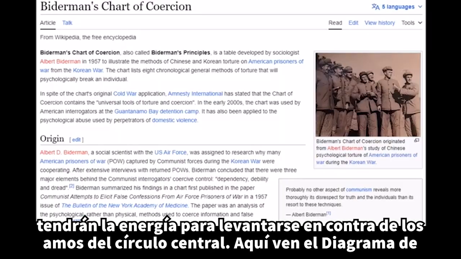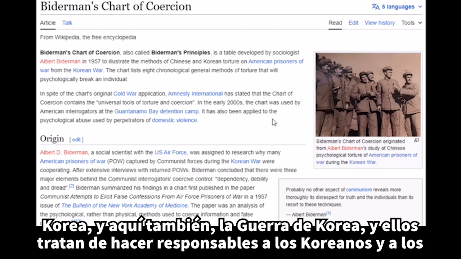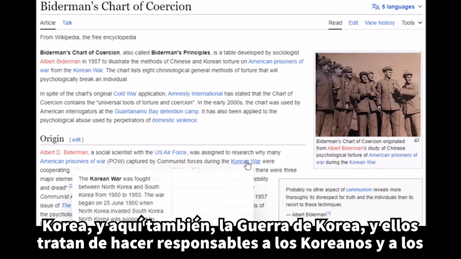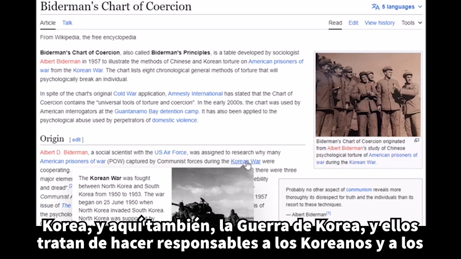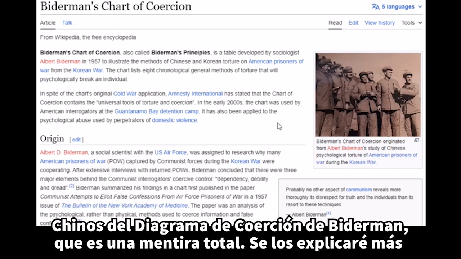So here you see Biderman's chart of coercion in Wikipedia, the free encyclopedia. Here you see there are American prisoners in Korea, and the Korean War, and they all tried to shove the Biderman's chart of coercion on the Koreans and on the Chinese, which is a complete lie.